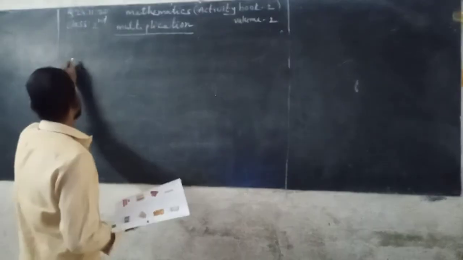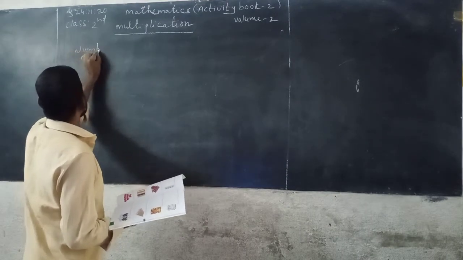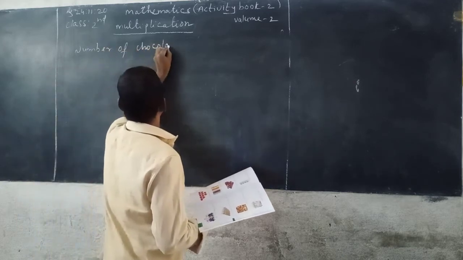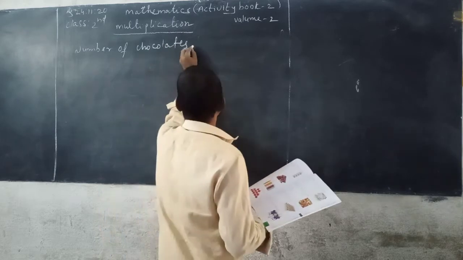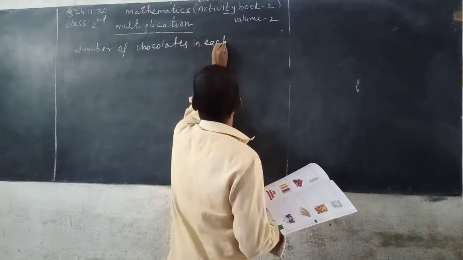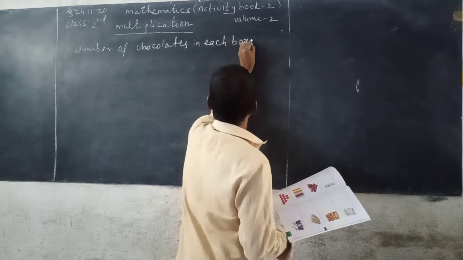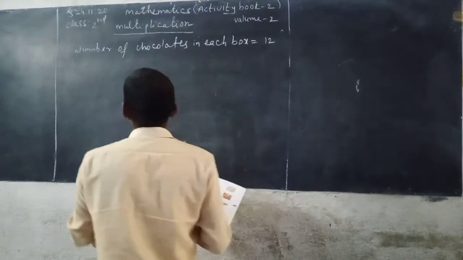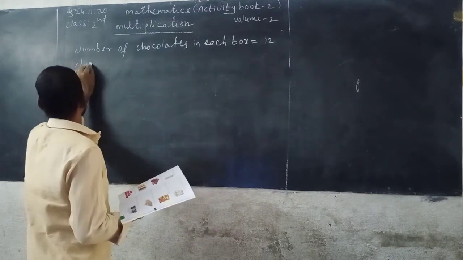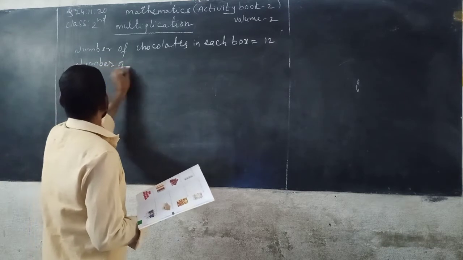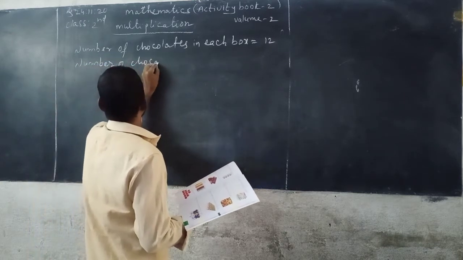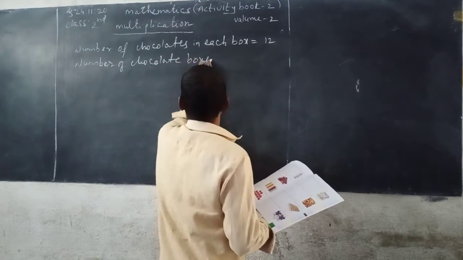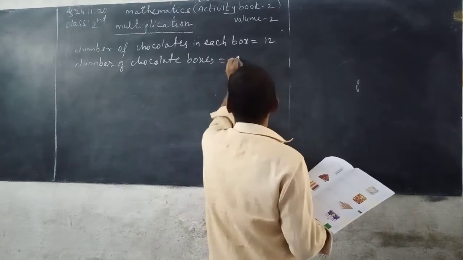Number of chocolates in each box is equal to 12. Number of boxes is equal to 6.